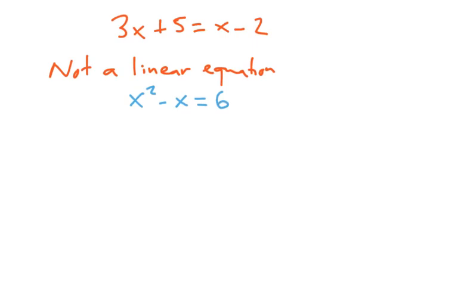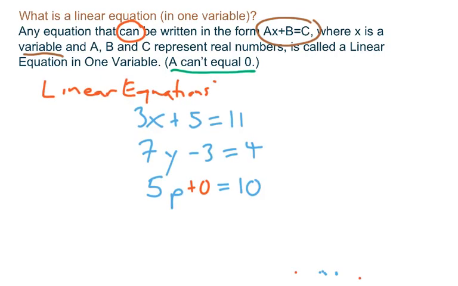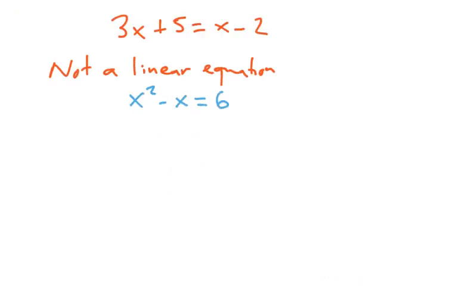The fact that there is a square on the variable, there is nothing that you can do to get rid of that square so that you get this form here that has no square in it. That would not be a linear equation. Not that it's a bad thing. That's what we're going to call a quadratic equation, and we'll find out a little bit more about them a little bit later in this class.